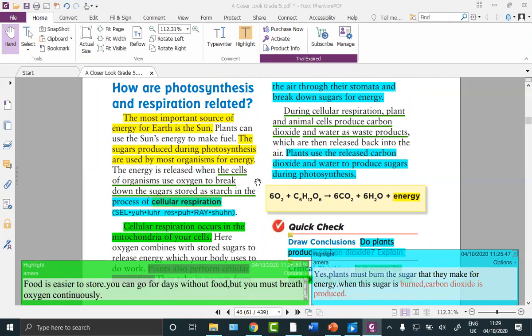During cellular respiration, plant and animal cells produce carbon dioxide and water as waste products, which are then released back into the air. Plants use the released carbon dioxide and water to produce sugar during photosynthesis. Okay, thank you so much. You did well.